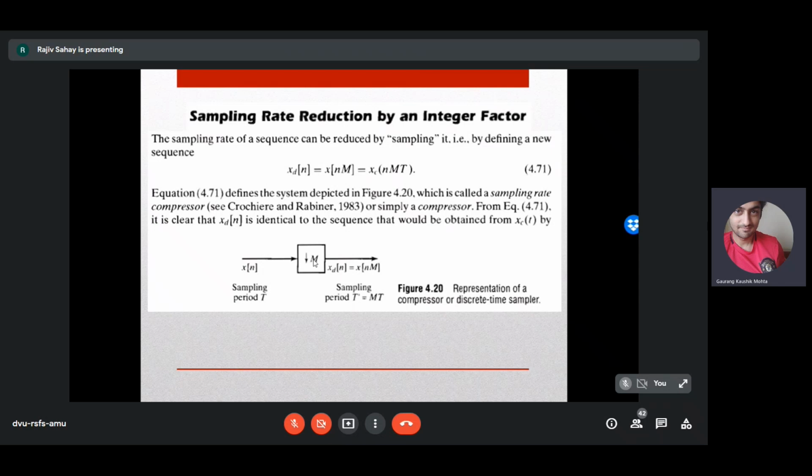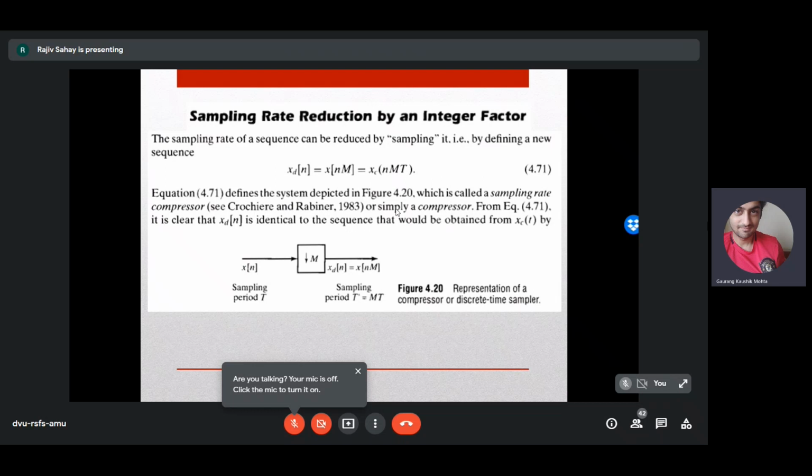So we are reducing the sampling rate. This is called a compressor or a decimator, because you are reducing. So if you look at the bandwidth, what will happen to the bandwidth? We'll talk about that once I come to an example. I'll give you the illustration, and then we'll look at what happens in the frequency domain.